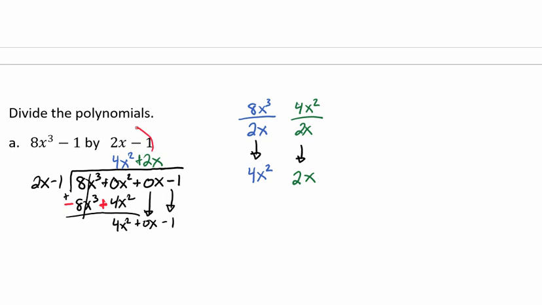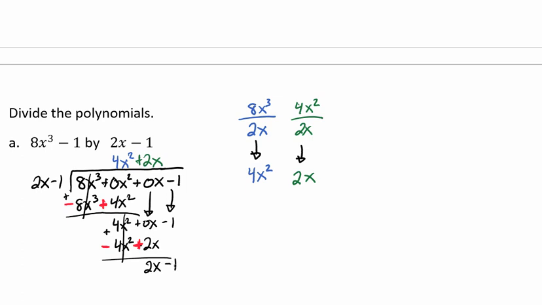Then we're going to multiply 2x times 2x, and that's going to give us a 4x squared. Then we're going to multiply 2x times negative 1, and that's going to give us a negative 2x. And then remember, we have to switch those symbols. So we're going to switch the symbol, then we can add those together. So that will go away, and we'll get a 2x minus 1.